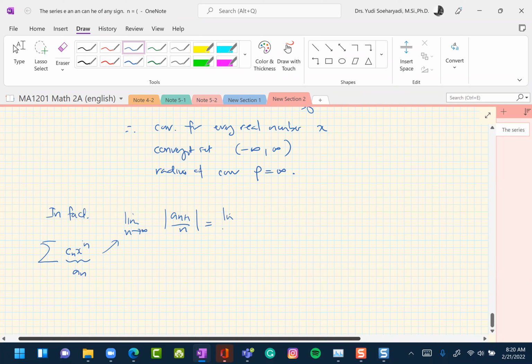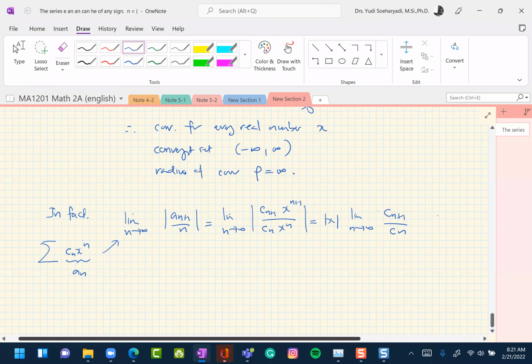This is just the limit of c_{n+1} over c_n, times the absolute value of x, which you always take out.